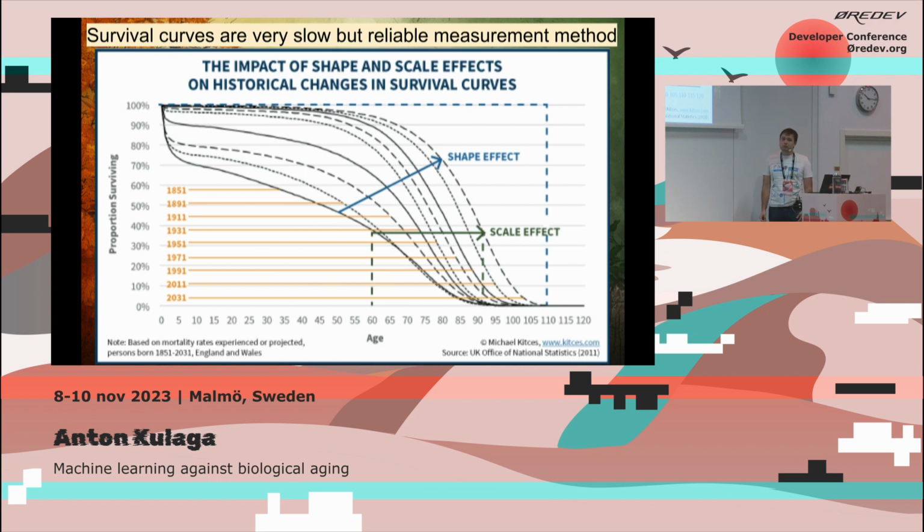And what we really want is to actually have the scale effect to move the curve to the right. So our maximum lifespan will also increase, and our health will also increase this way.